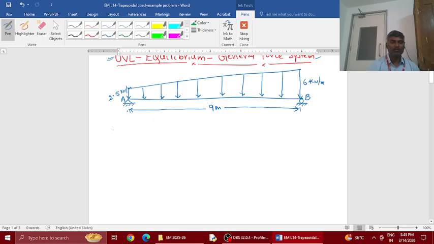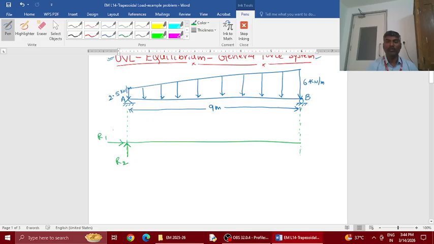I'll just drop point A down, also point B. Now we draw member AB again. By removing the hinge at A, we can have two reactions, which I'll name R1 and R2.